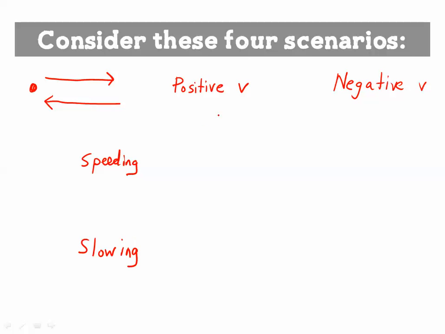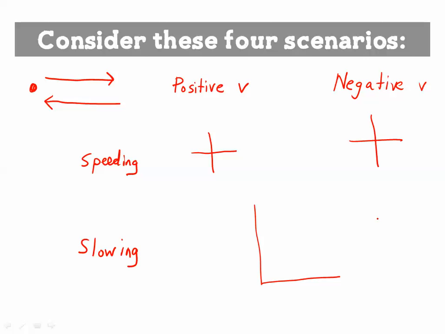So I'm going to have a positive acceleration. When I have a negative velocity, when I'm moving toward the origin or away from the origin in a negative direction, and I'm speeding up, I'm also going to have a positive acceleration, because my graph of that would look something like this.